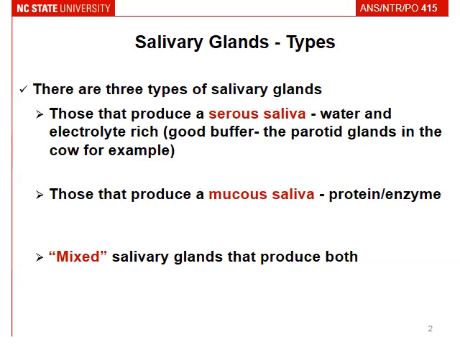So the first part of the GI tract starts with the mouth, and a very critical thing that needs to occur within the mouth is salivation. Saliva actually comes from the salivary glands, and there are three different types of salivary glands.